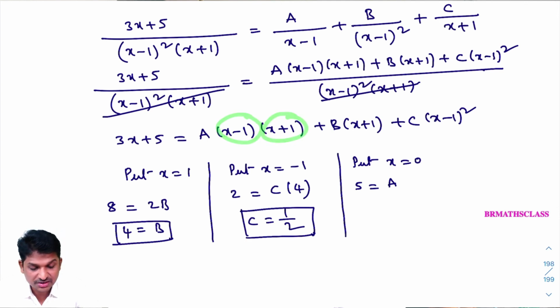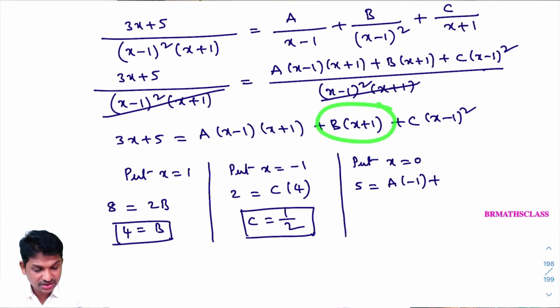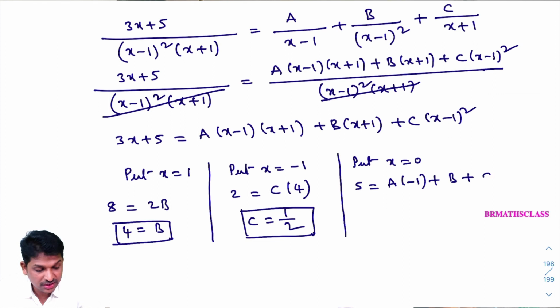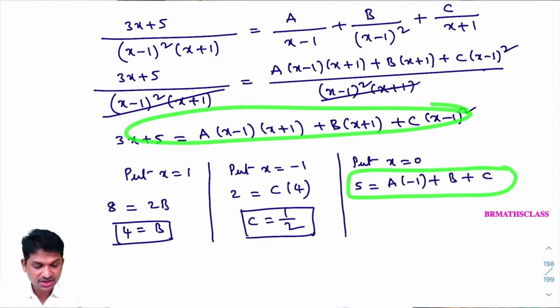So minus 1 into plus 1 is 1. Okay. A into minus 1 plus 1 is minus 1. Right. This is minus 1 plus. Put x equal to 0 in this. It will become B into 0 plus 1, that is B, plus. Put x equal to 0 in this. 0 minus 1, that is minus 1, minus 1 whole square is 1 only. This is C. You observe here. I got an equation in terms of ABC when I put x equal to 0 in this equation.